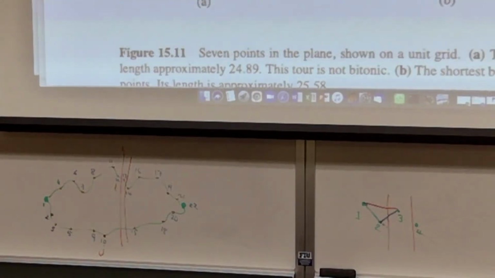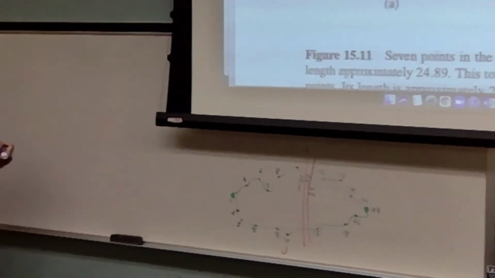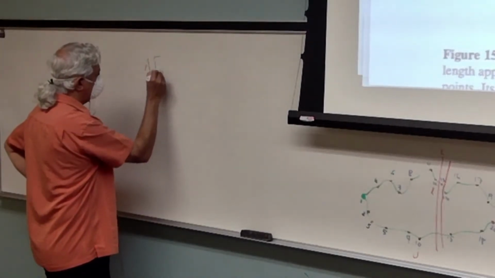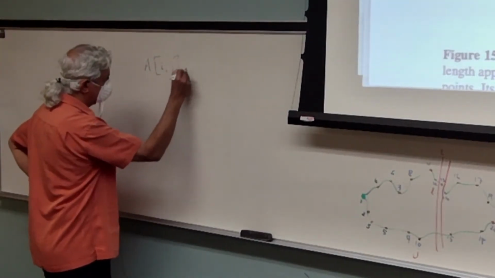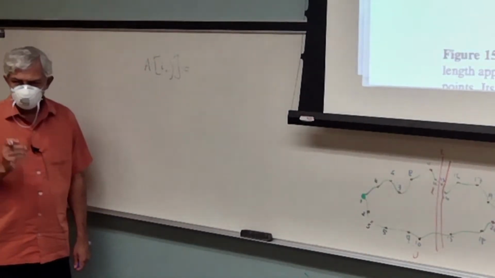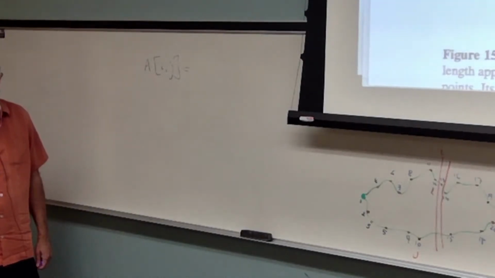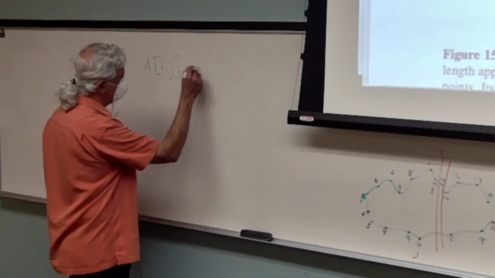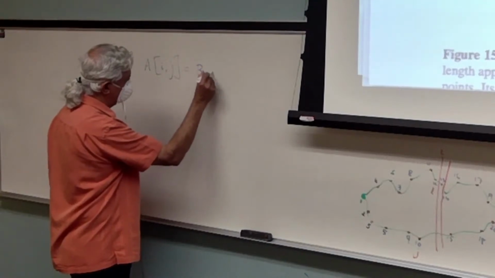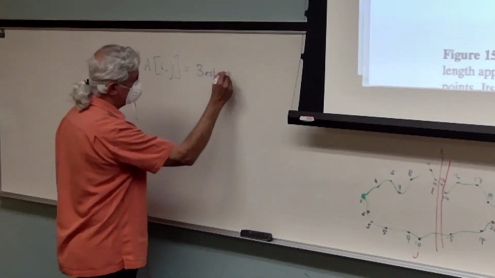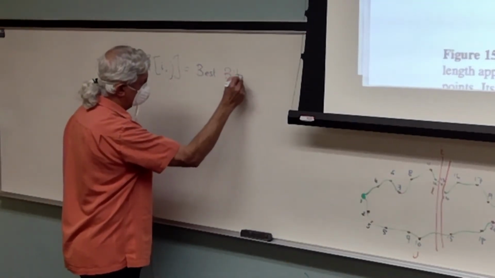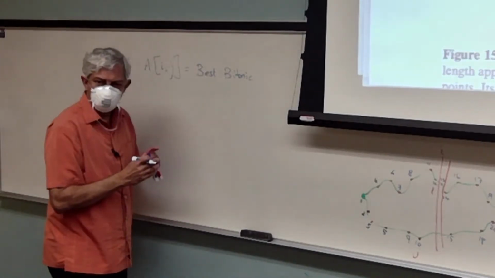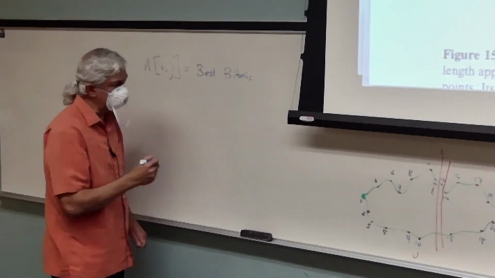So here's what I'm going to do. I'm going to write down A of i, j to be the best or the shortest bitonic path. It won't be a tour. It would be a partial path, right?